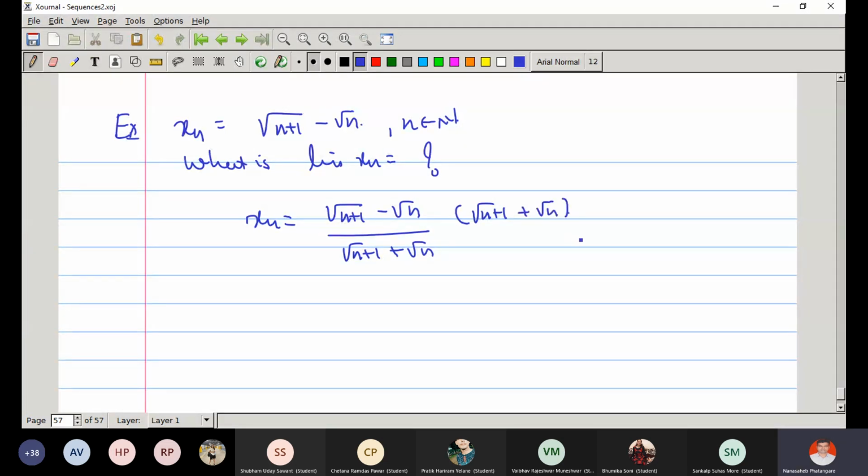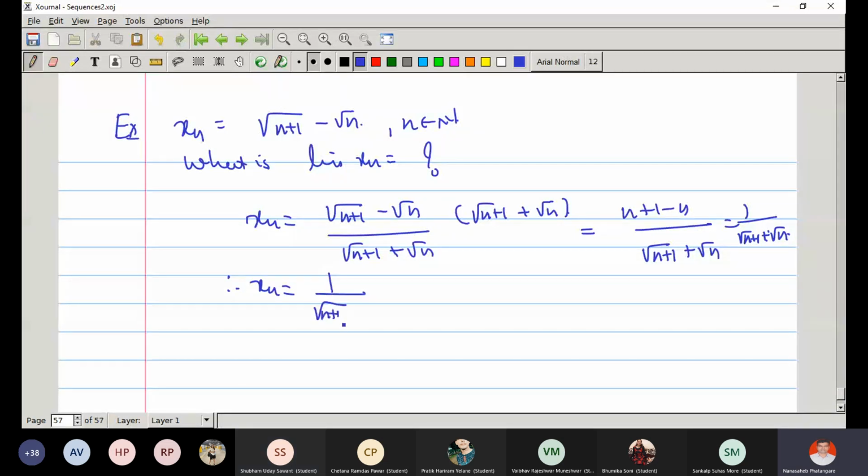Just rationalize this, multiplying and dividing by the same thing, so the amount is not going to change. What is the numerator? 1. That means 1 upon root n plus 1 plus root n. And what is the limit? 0.